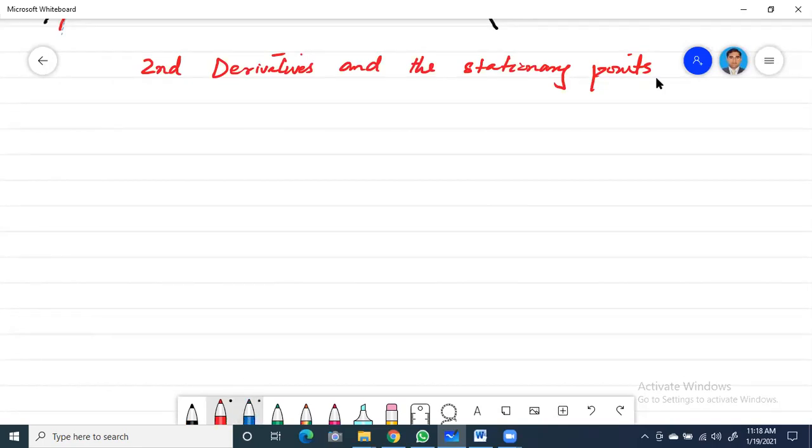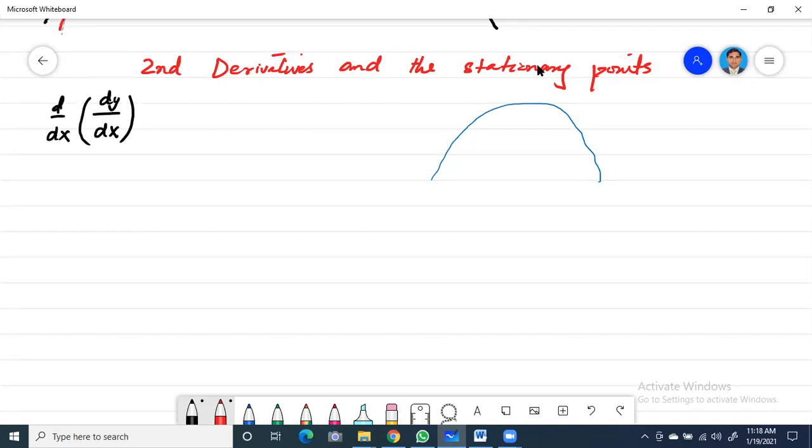For that, again, we will describe here with the sketch. Suppose this curve is here. In second derivative, we will take the rate of change of dy divided by dx. Rate of change of dy by dx mean second derivative.